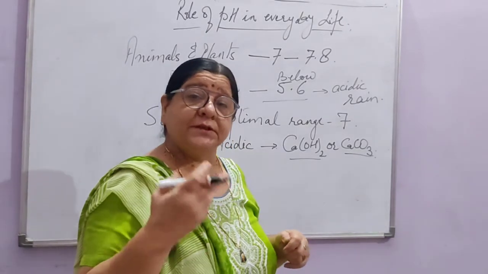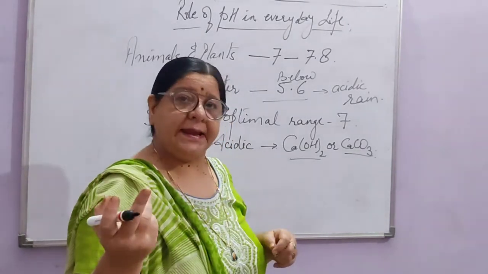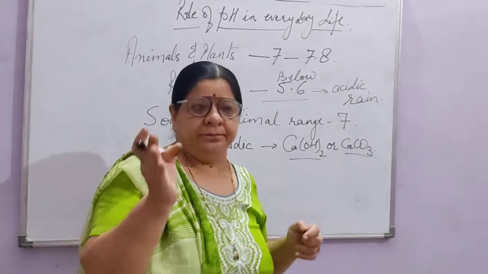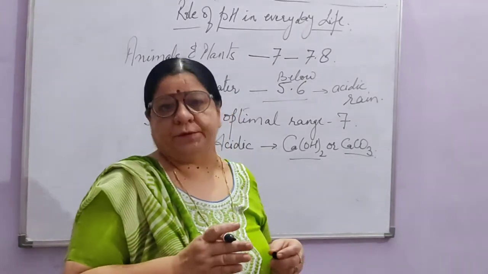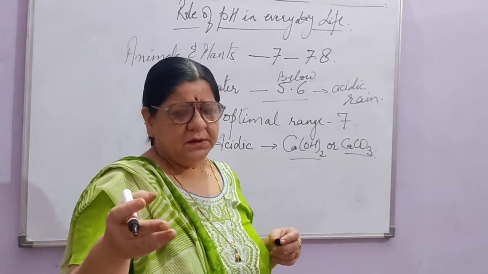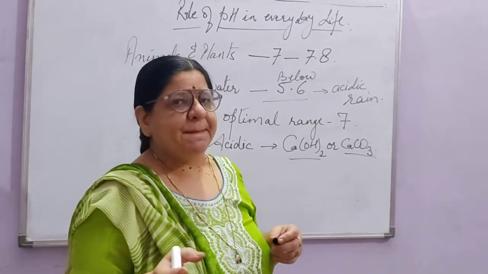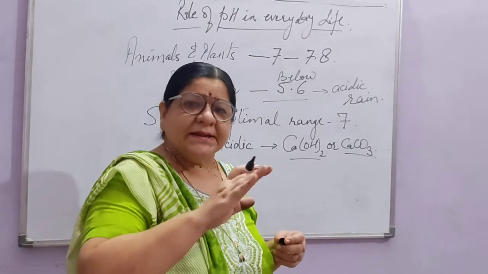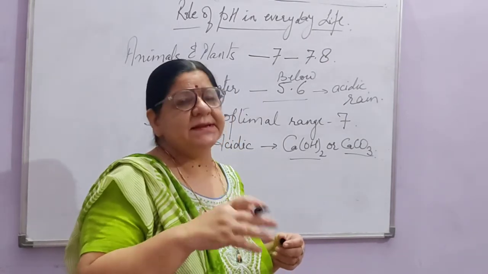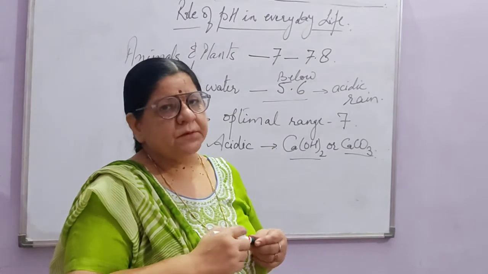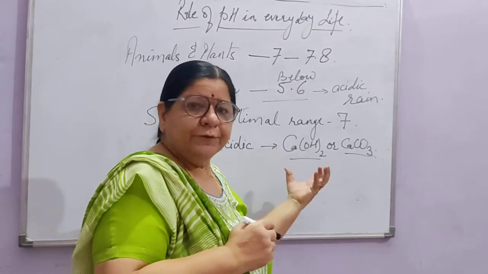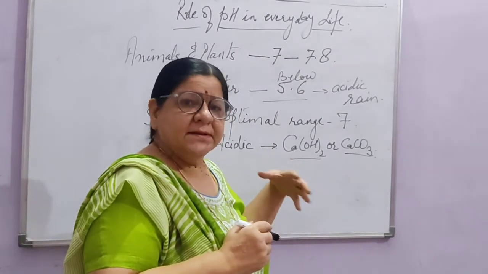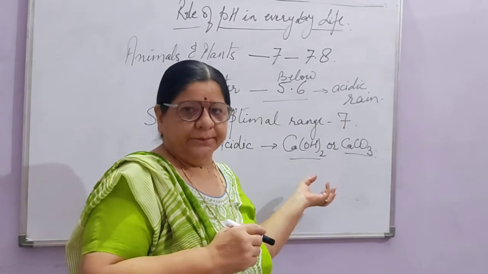Or if the soil is more alkaline, more basic, then manure or compost, that is the decayed organic matter, can be added to the soil so that it may neutralize it and the soil becomes good for the plants, right? The plants can be grown in it.